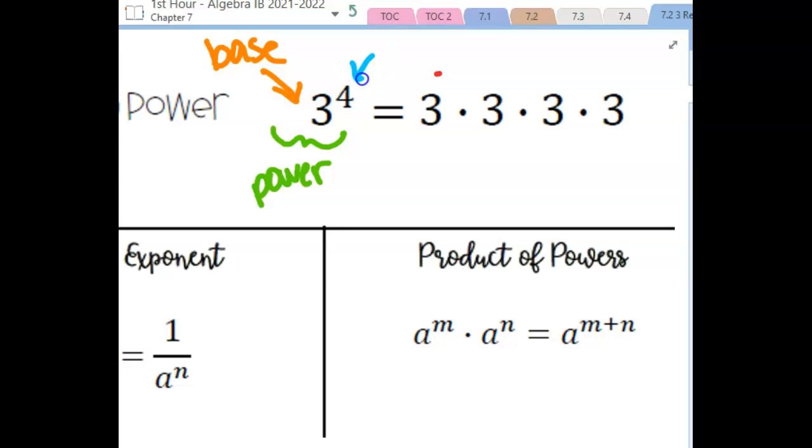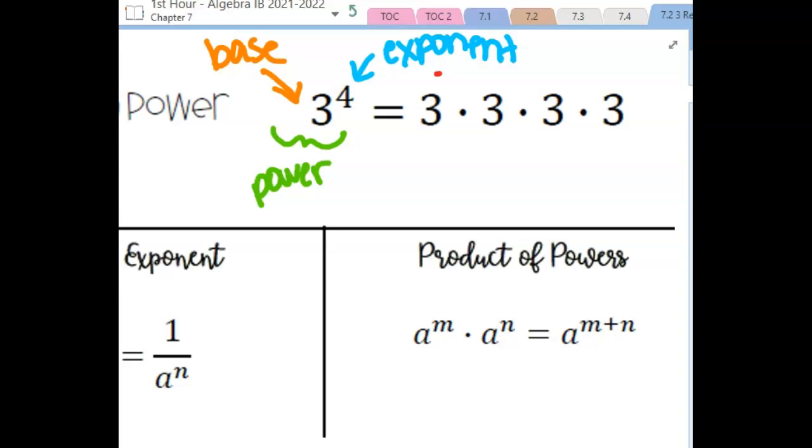And the exponent is just the little number. 3 to the 4th means you're going to take 3, the base, and multiply it by itself 4 times. The exponent tells you how many times you're going to multiply the base by itself. So 3 to the 4th means 3 times 3 times 3 times 3, and then you would go ahead and evaluate that.